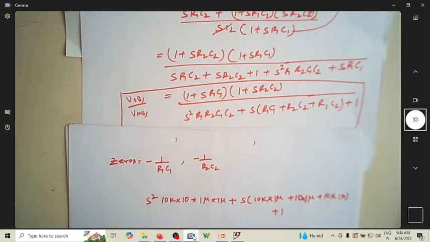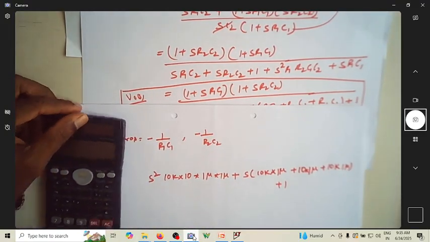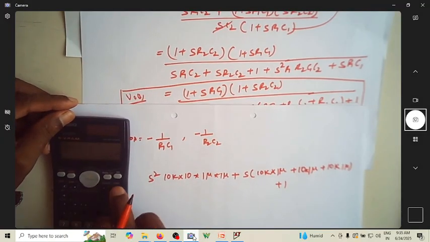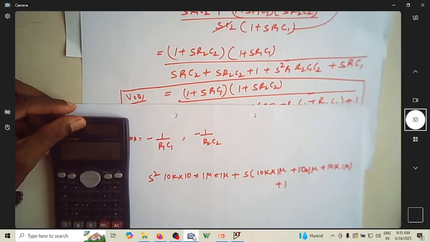Let me find the values of this. So it is 10 exponential 3 into 1 exponential minus 6 into 1 exponential minus 6.